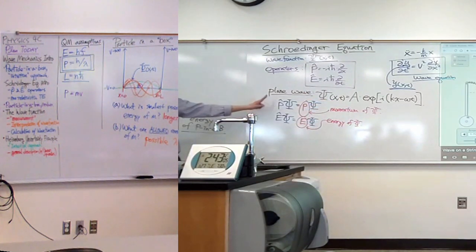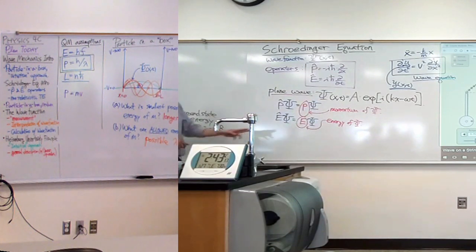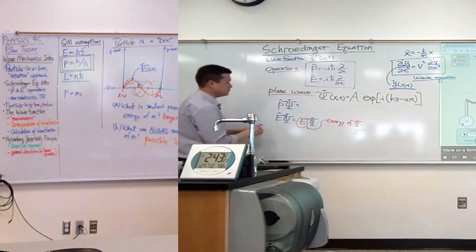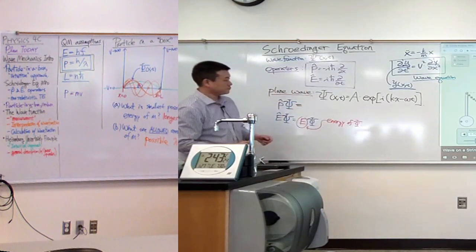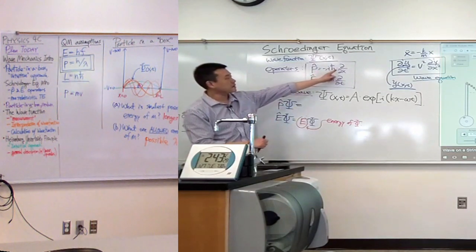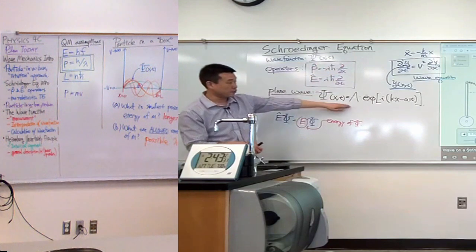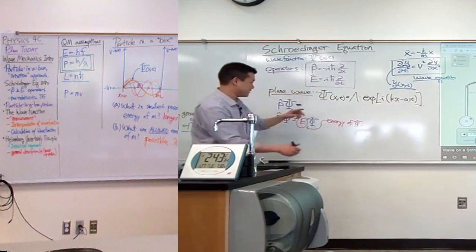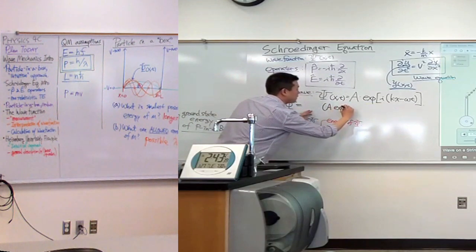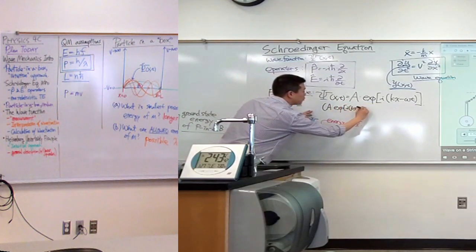So I have the momentum operator acting on psi, and I only have exponentials here. So it's actually a pretty simple calculus step to go through. So I'm going to be doing this. Minus i h bar times this derivative. The derivative is not going to change anything here really. So let me start out with that. I'm still going to have an exponential of i(kx minus omega t).